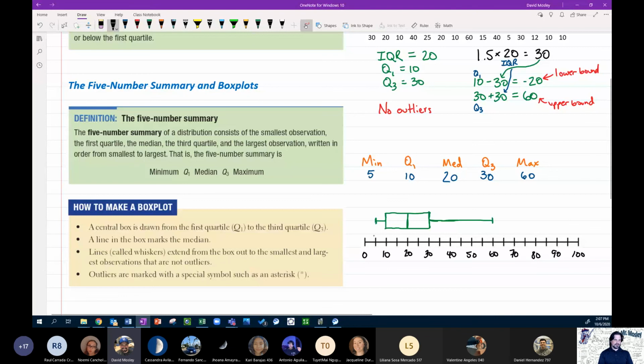And again, this would be your minimum, Q1, median, Q3, and max. Any questions on the box plot?